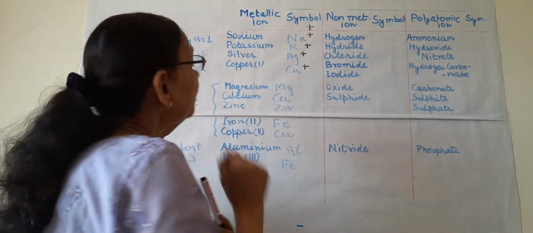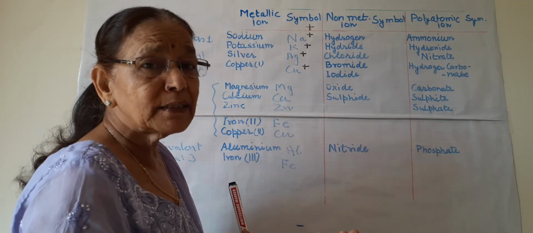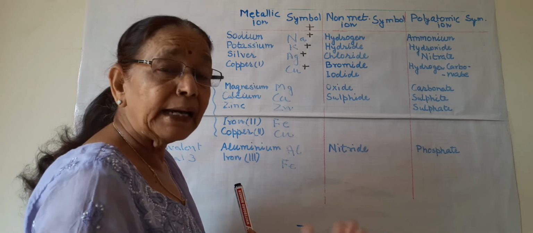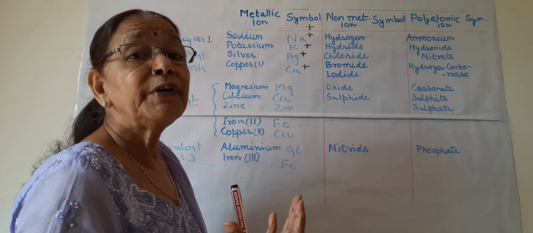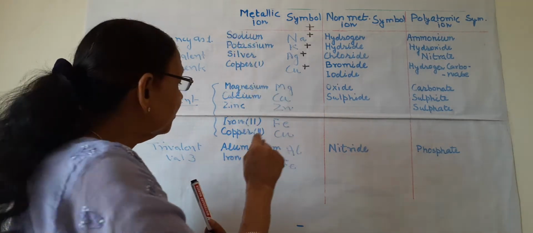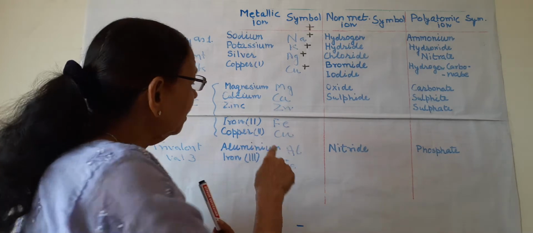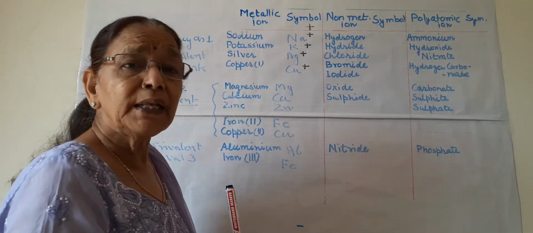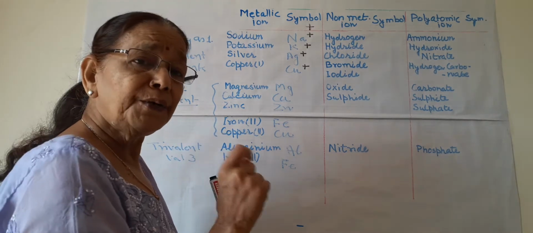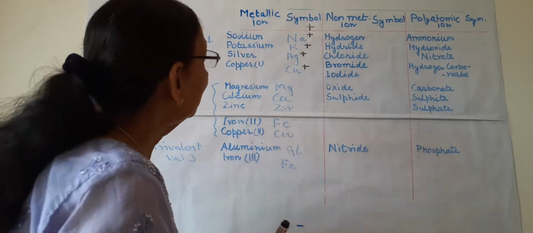Why are there 2 coppers? Because some special elements like copper, silver, mercury, iron have variable valencies. Copper can have one valency, and copper can also have two valency. So this is known as variable valency, and there is a method to write the variable valencies of these special elements.